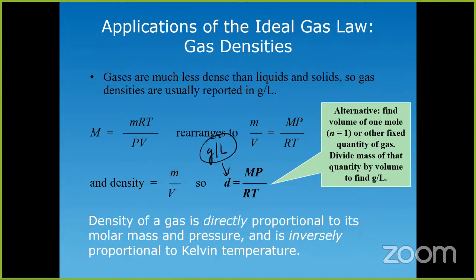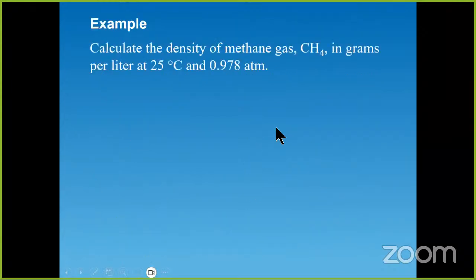That is typically the unit we use to express density, because gases typically have relatively large volumes compared to solids and liquids of the same mass. Okay, so let's look at this example.